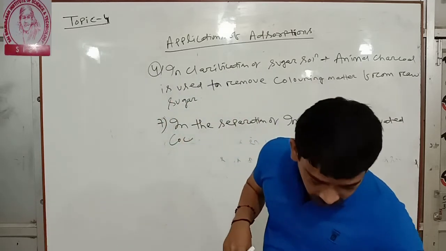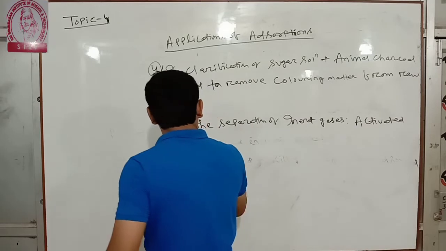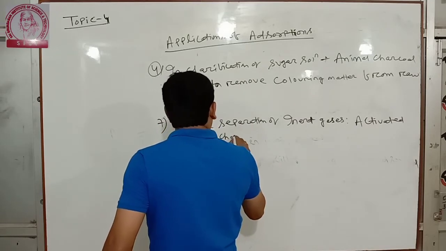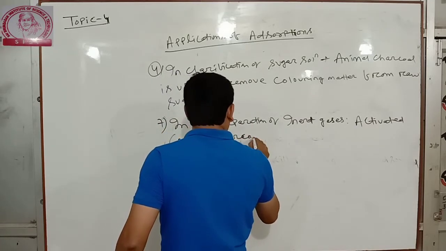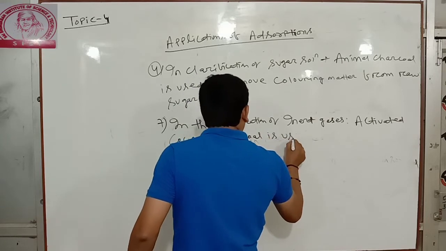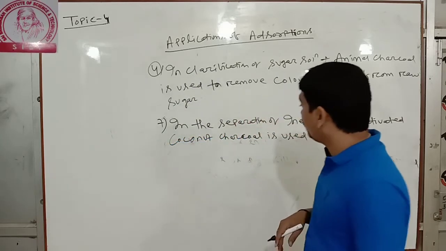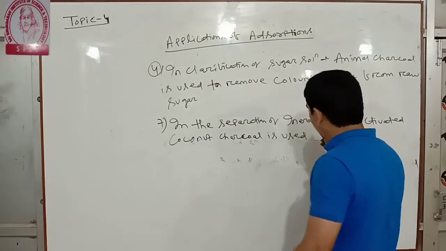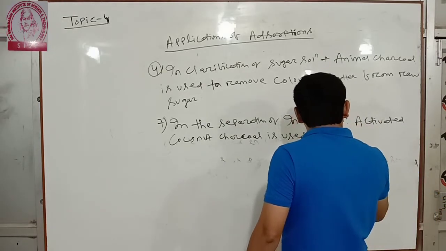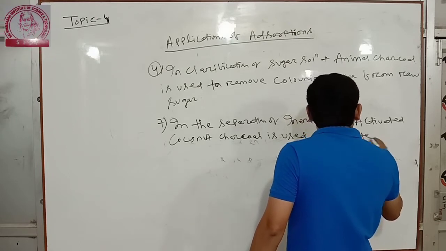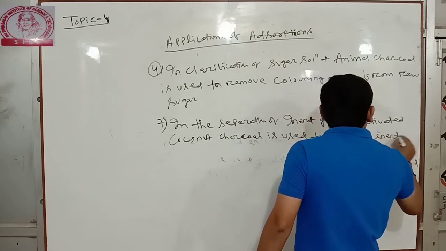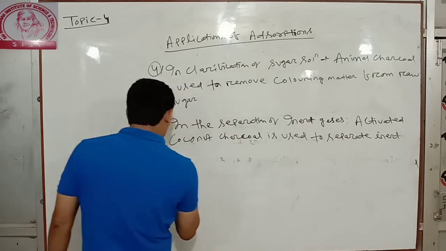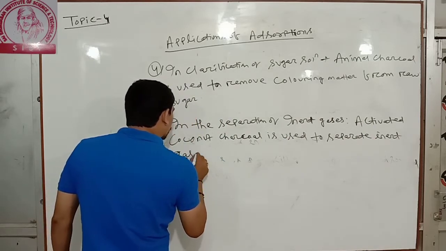Activated coconut charcoal is used to separate inert gases.